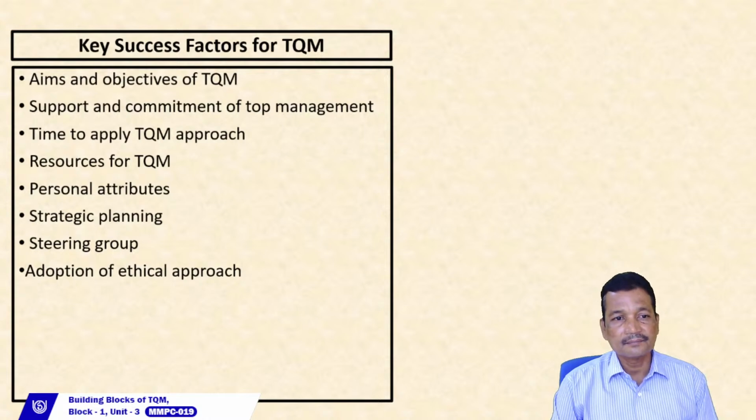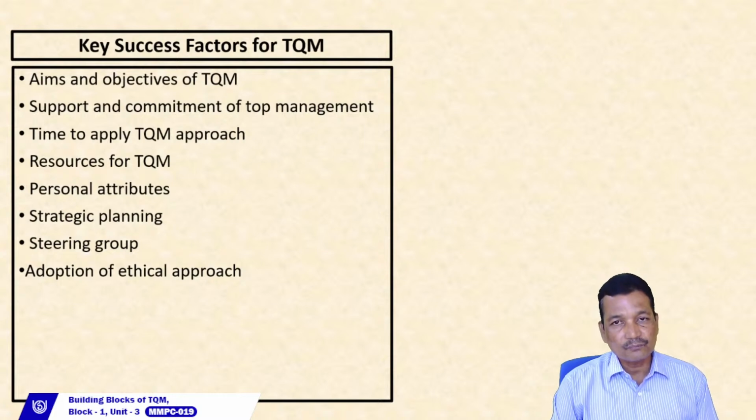Strategic planning. Now, why should we apply total quality management in the organization? We should have a long-term vision for that. Why are we applying total quality management? So that is strategic planning. Steering group.